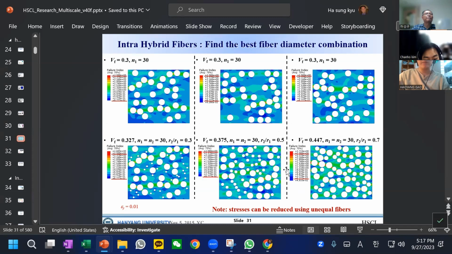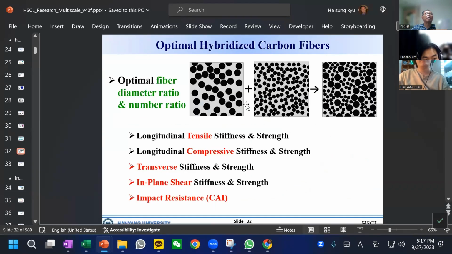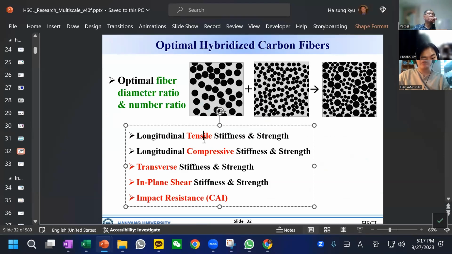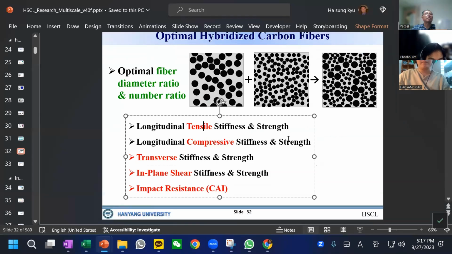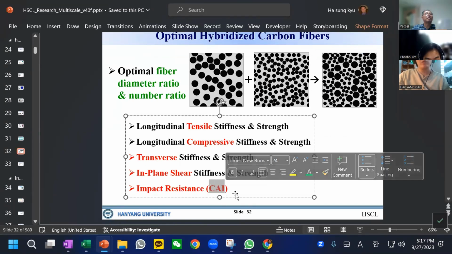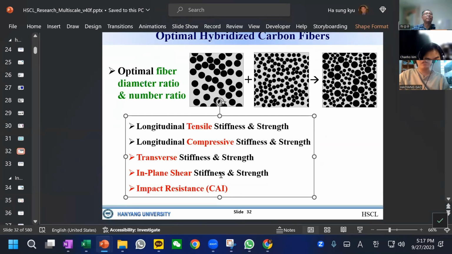If we combine them, the longitudinal tensile and the longitudinal compression, we can optimize many different local behaviors of composites. And even the CAI, compression after impact, is also a very important behavior.